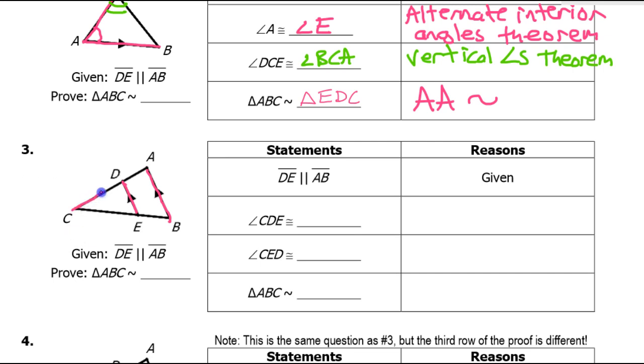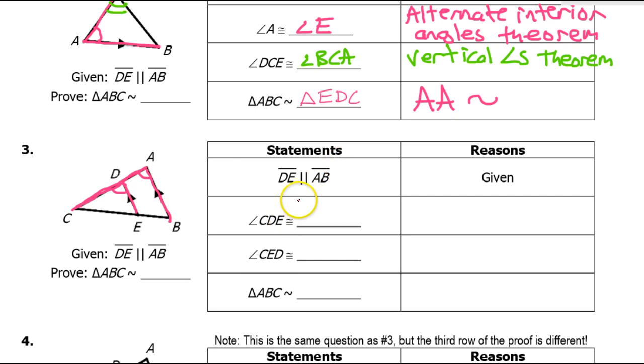For example, if I use this line as the transversal, can you see that this is an F that's leaning over to the right? Well, the corners of that F are corresponding angles, and they are going to be congruent when the lines are parallel.